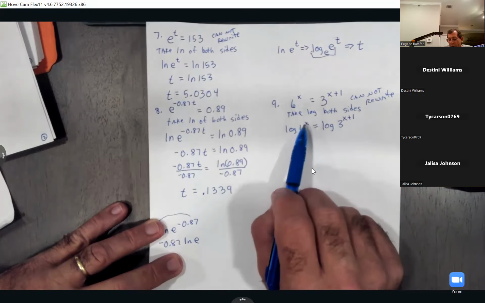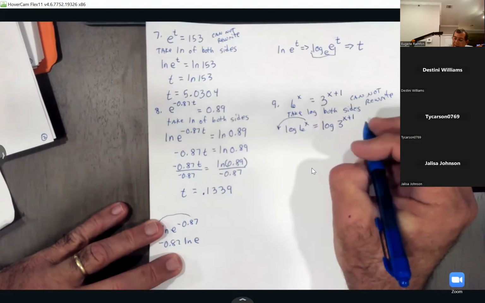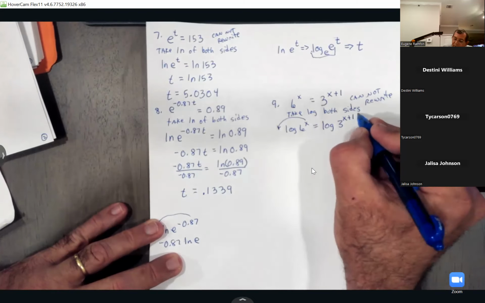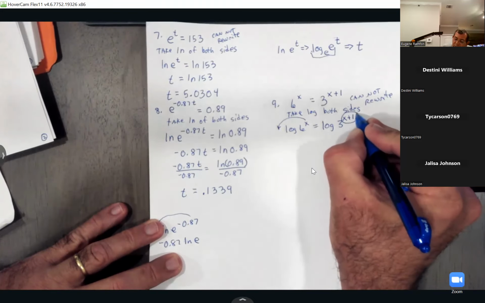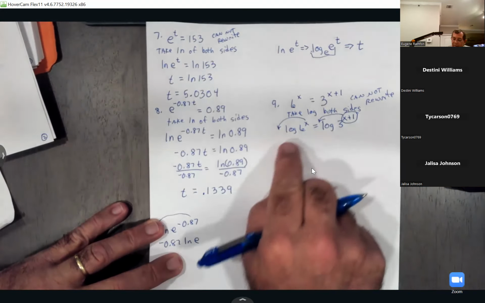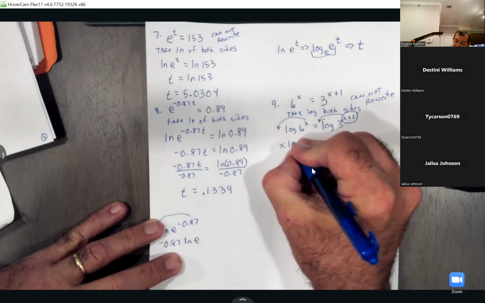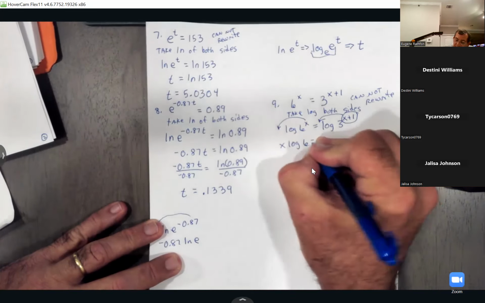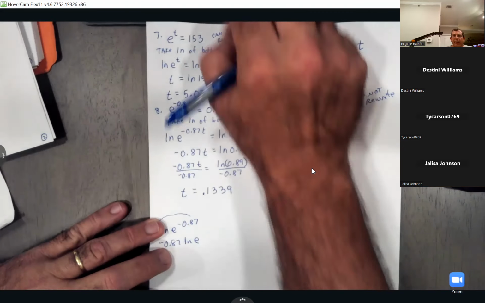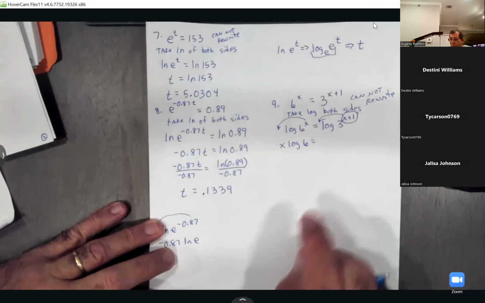So my next move is to bring these exponents down. Now remember, we got to bring this whole x plus 1 up to the front. So this side will give me an x times a log 6. But y'all, here's the trick on this one.